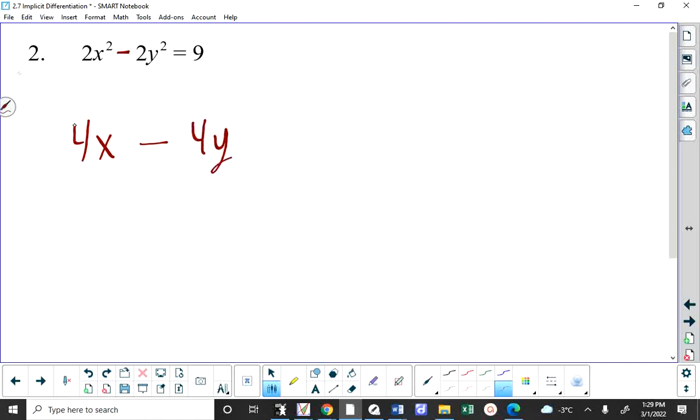Is the derivative of 2y squared 4y? No, it's 4y dy/dx, equals, the derivative of 9 is 0. Now I'm going to rearrange for dy/dx. That's all you have to do once you've followed the rules of differentiation.